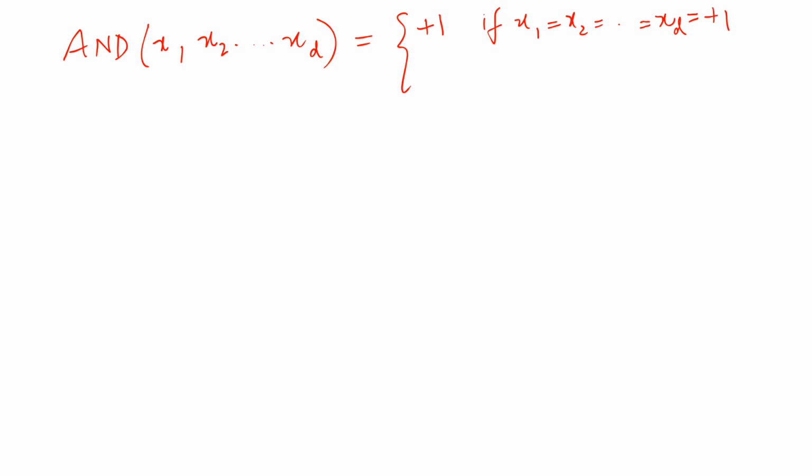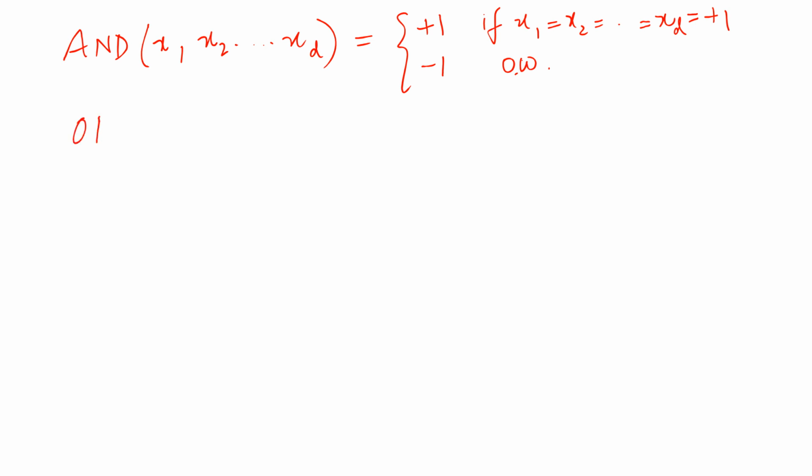Generally speaking, mathematically speaking, for these points x1, x2, and so on up to xd, the AND is +1 if all my inputs x1 up to xd are positive, and -1 otherwise. For the rest of the cases, I don't care, because then it's going to be negative. This is how the AND Boolean function definition works.